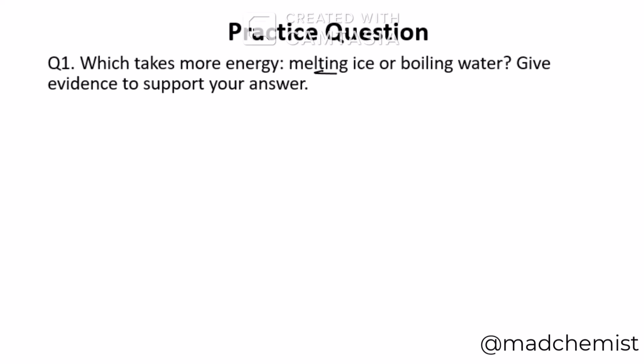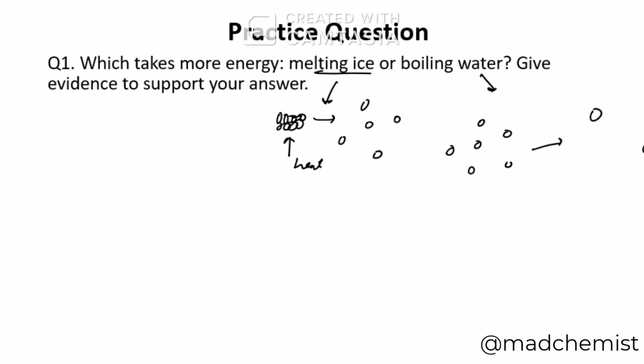First of all, melting ice is basically the phenomenon in which the solid particles absorb heat and convert into liquid particles. While in boiling water, the liquid particles absorb heat and convert into gaseous particles.